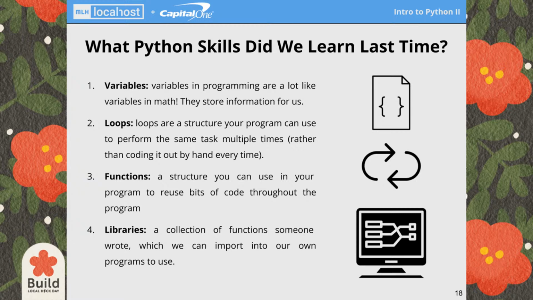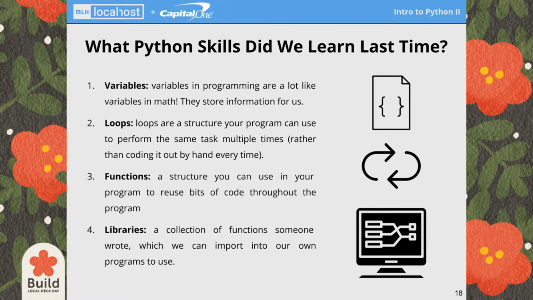Loops are a way that in programs we perform the same task multiple times. Say you have a list of people's names and they're all in lowercase, but you want them all in uppercase. You could loop through that list and make them all uppercase. A function is a structure that you can use in your program to reuse bits of code throughout the program. Say you're going to want to make a bunch of different strings lowercase or uppercase in your program. A function to do that would make sense.